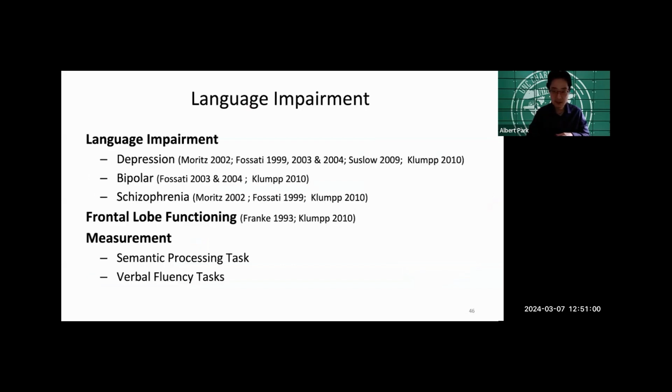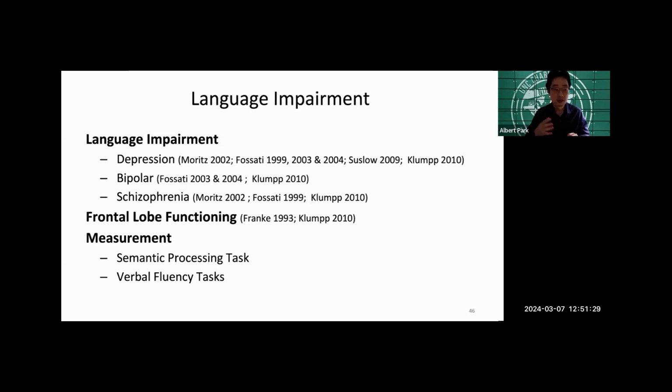The literature suggests that language impairment is actually one of the most studied symptoms of depression and mental health conditions. Patients with depression, bipolar disorder, and schizophrenia have shown language impairment, and experts think it is due to frontal lobe functioning, which controls both emotion and language.